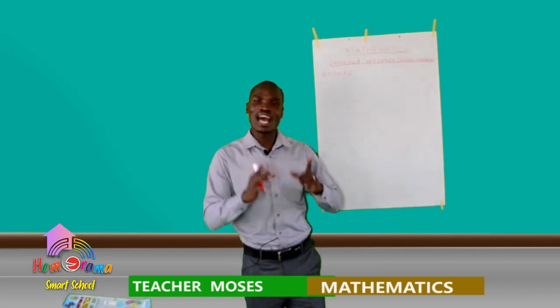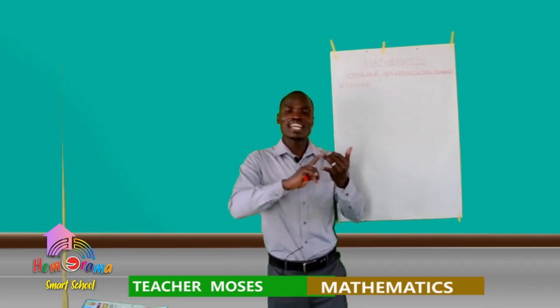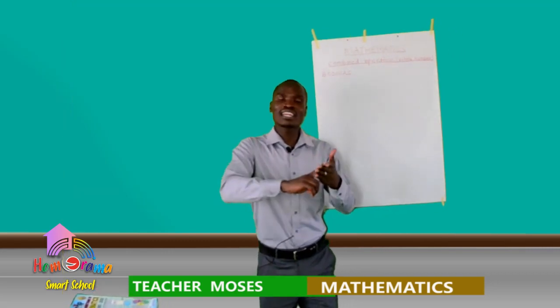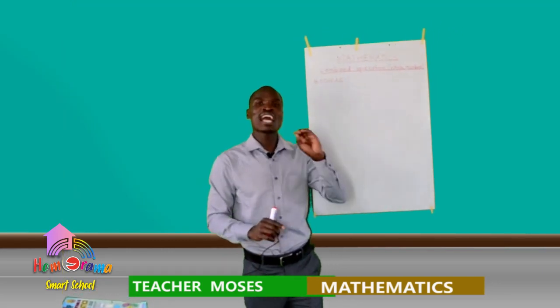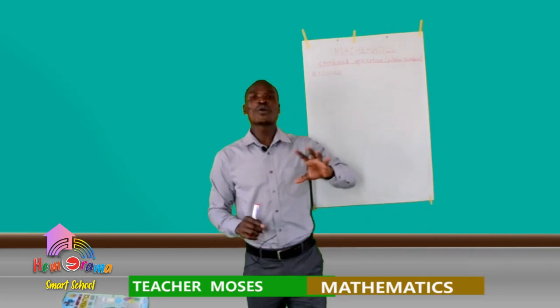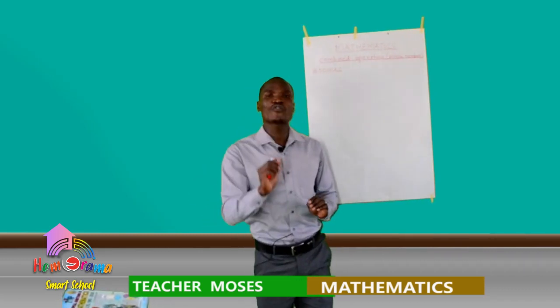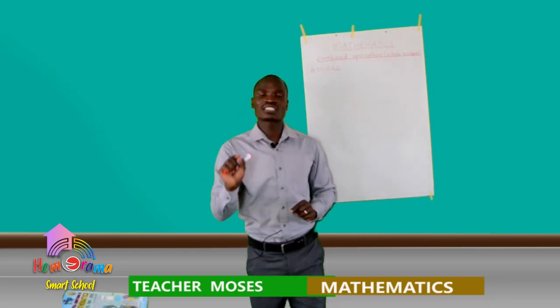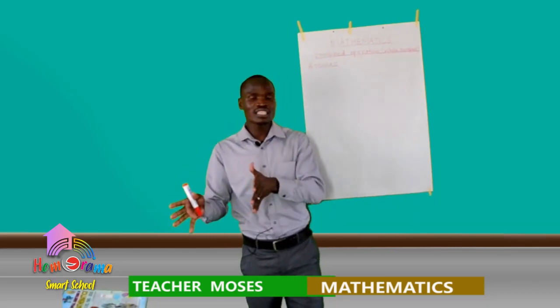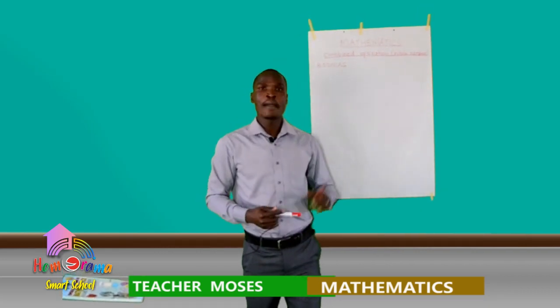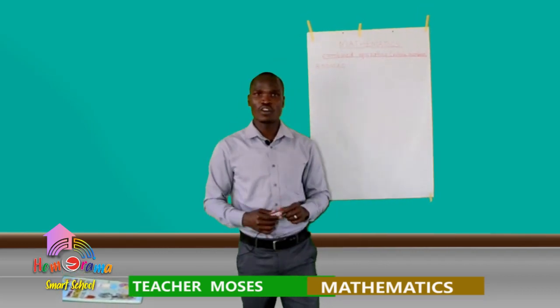And so, learners, we have addition, multiplication, subtraction, and division. But then, in our combined operation, we are going to introduce another one, and that is of, which in class 4, you are taught to do the same way you are doing multiplication. But here, we are going to see a different thing.